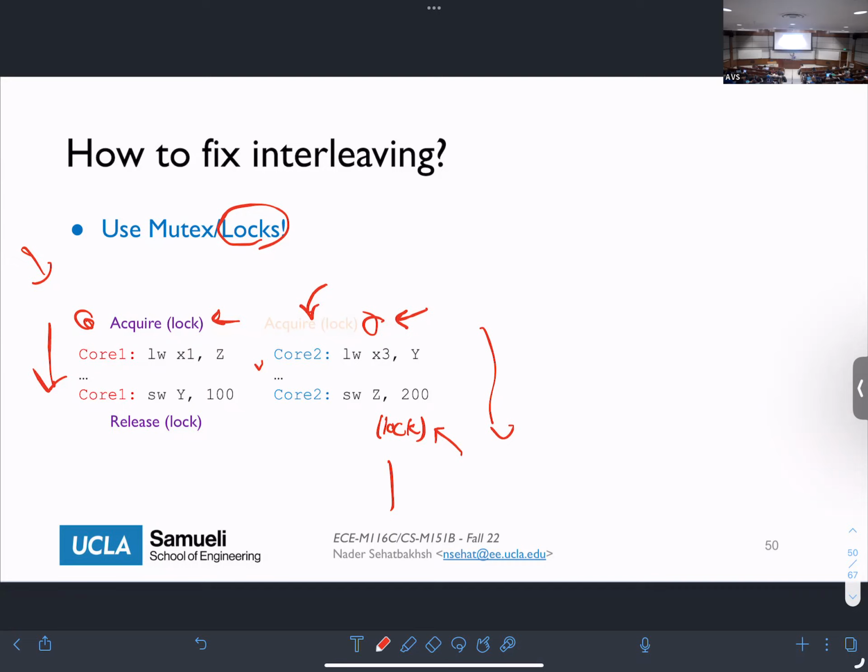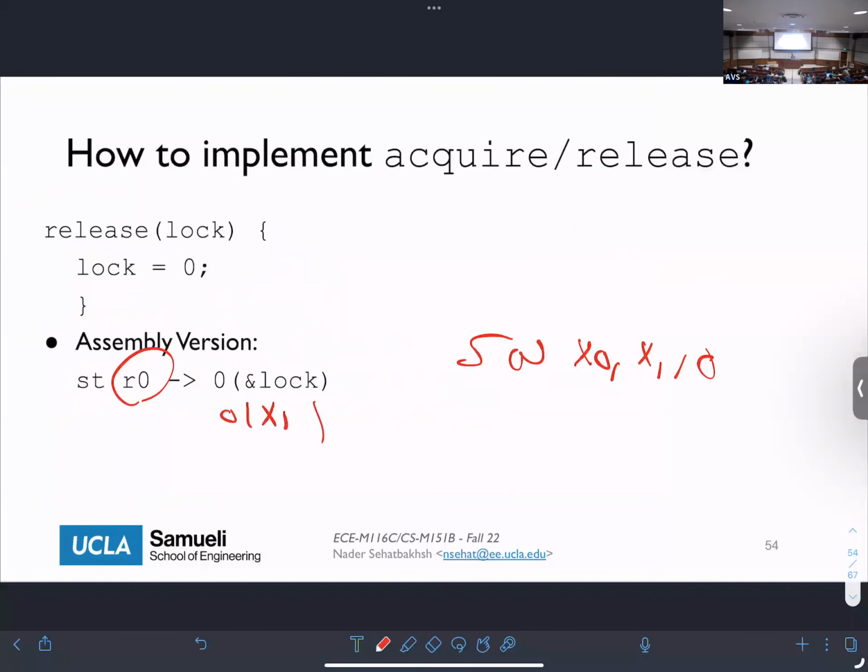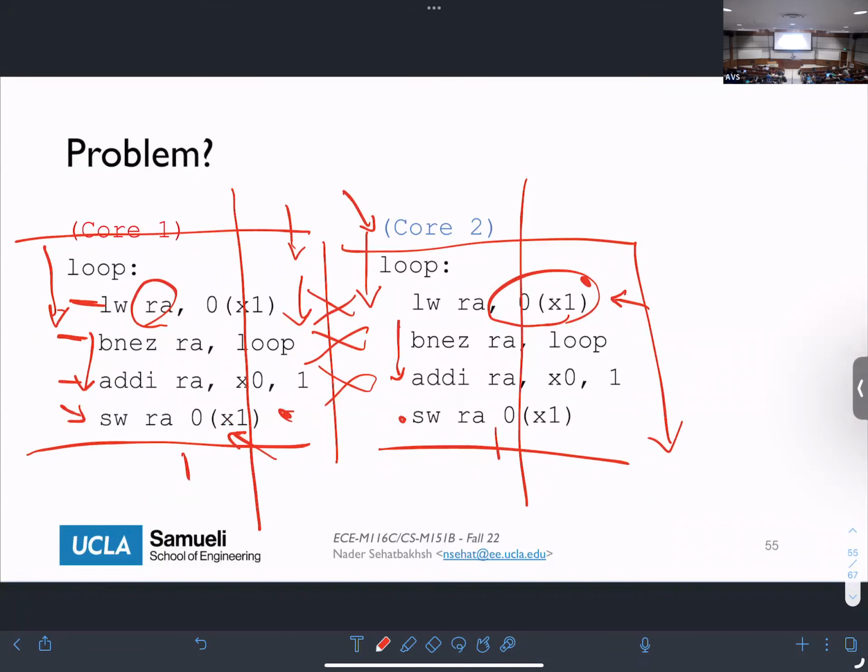But what the operating system really does is use the hardware support that we add with the atomic instruction, load link and store conditional. So the operating system alone cannot do the locking for us. It needs hardware support, and that hardware support is atomic instructions implemented by load link and store conditional.